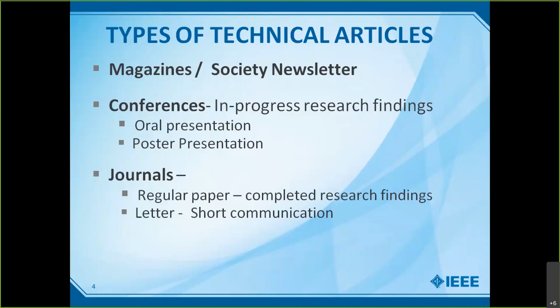But there's a difference. A regular paper is usually a completed research work. Thoroughly, you have backed it with sometimes mathematical backing or simulation, experimental, all those you have put. Whereas in conferences, you need not necessarily have hardware and experimental.